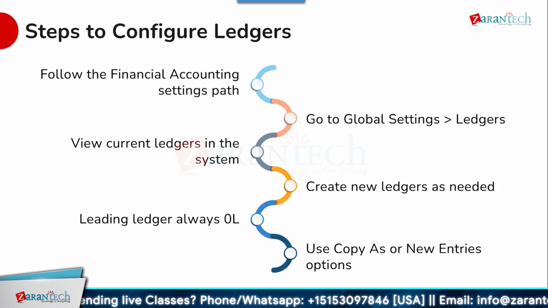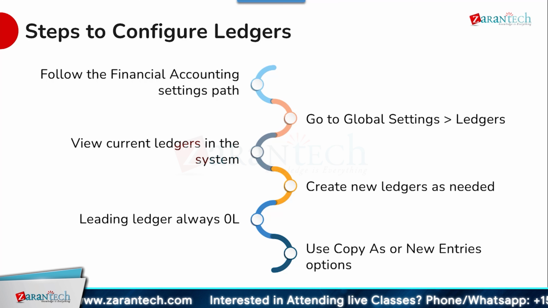Next, create new ledgers as you need. And remember that your leading ledger should always be OL. This is a very crucial thing for accurate financial reporting. To make the process easier, you can use the copy as option to duplicate any existing ledgers or choose the new entries option to create fresh ones.